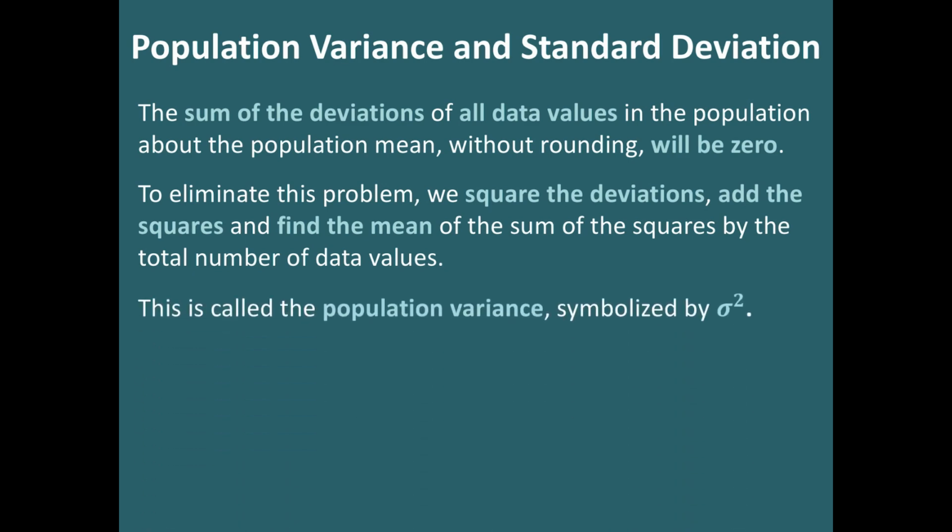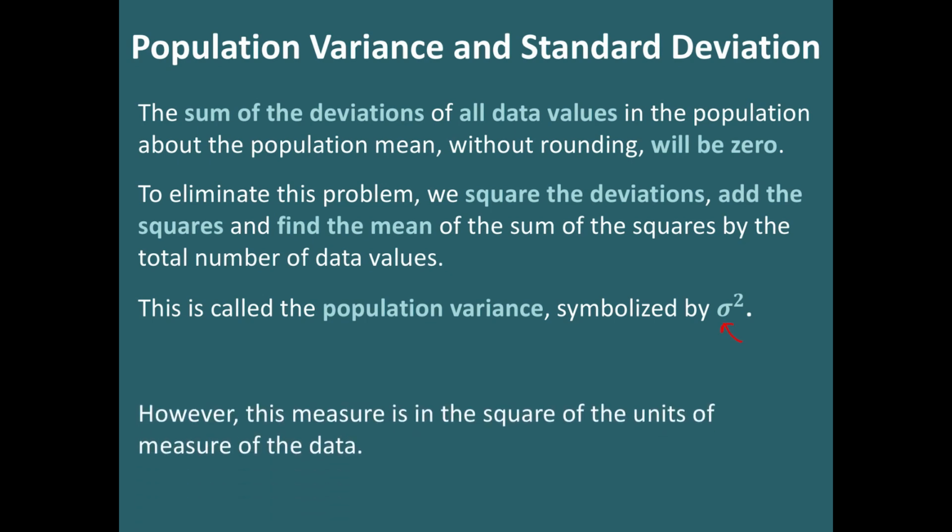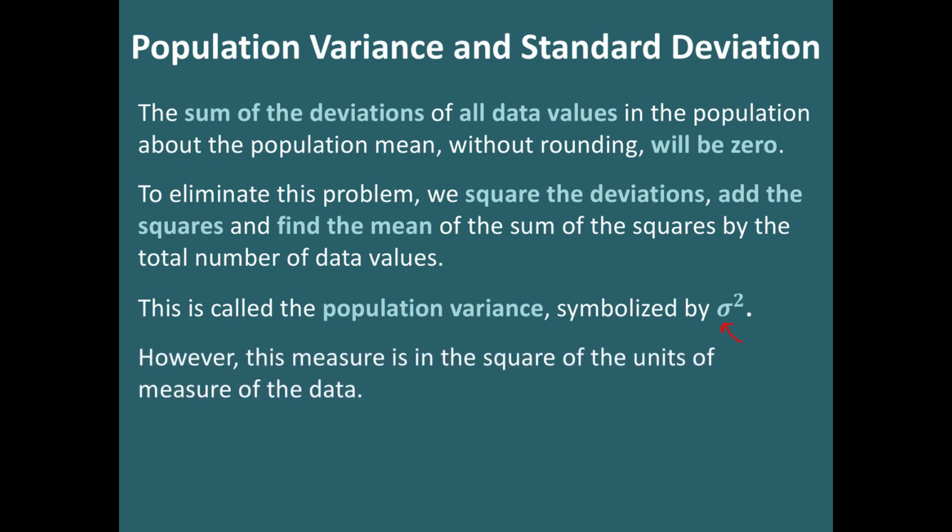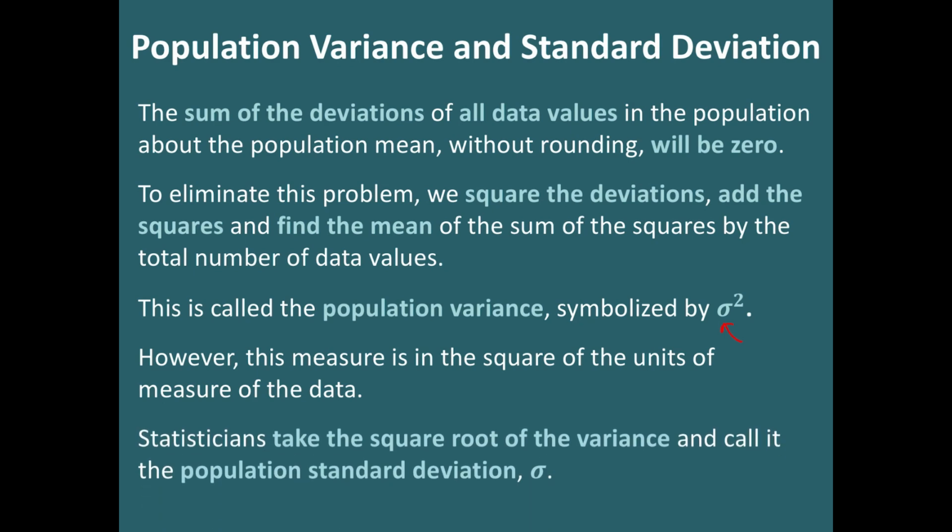This is called the population variance, symbolized by sigma squared. This here is a lowercase Greek symbol, sigma. However, this measure is in the square of the units of the measure of the data, which will be almost of no use to us. To fix that, we take the square root of the variance and call it the population standard deviation, indicated by sigma once again.